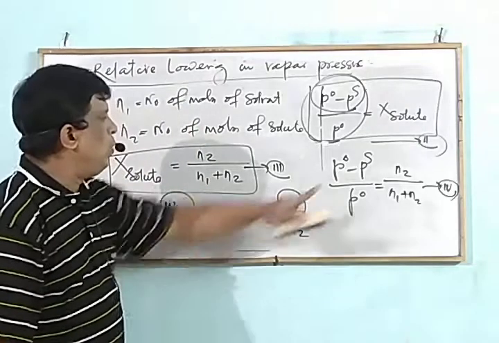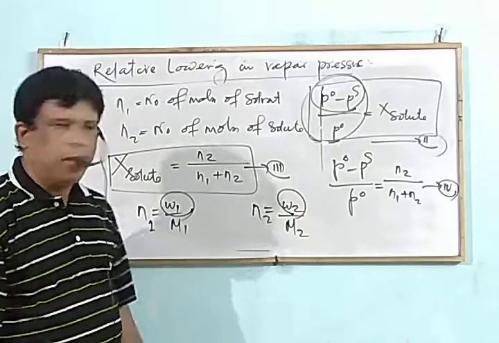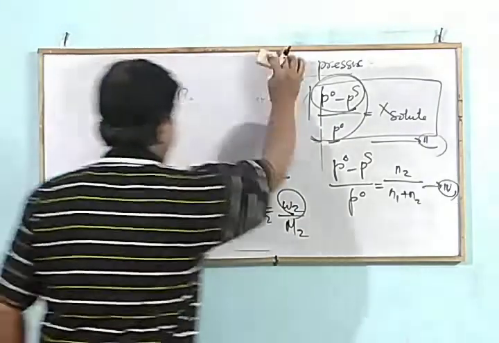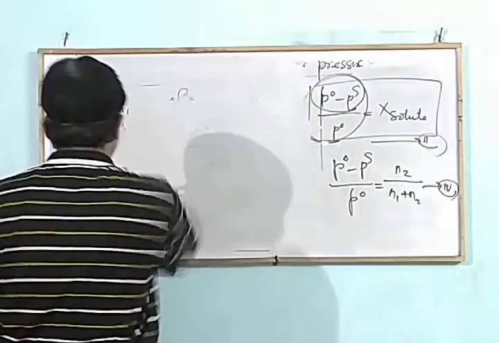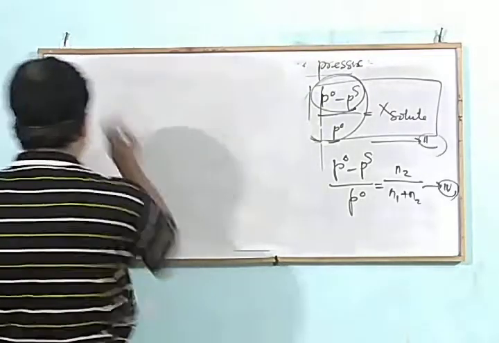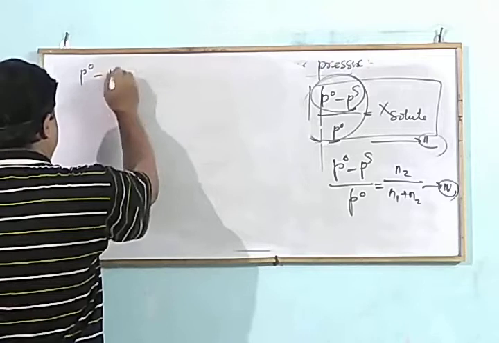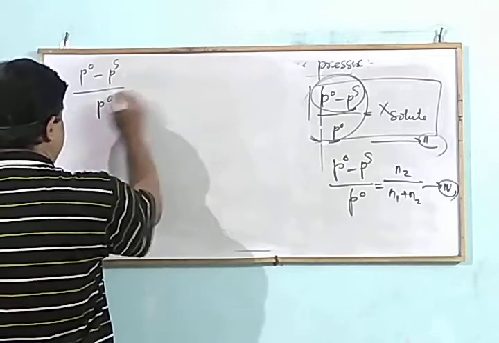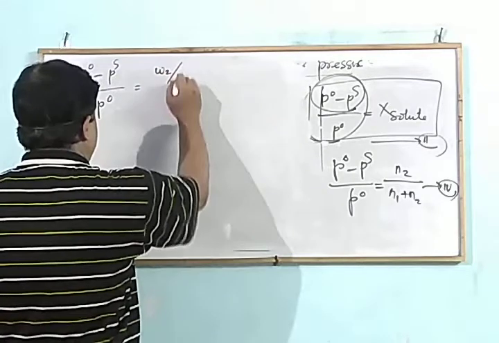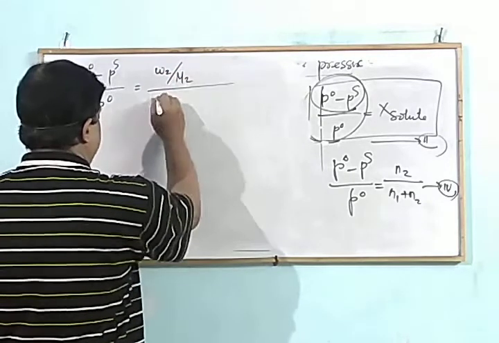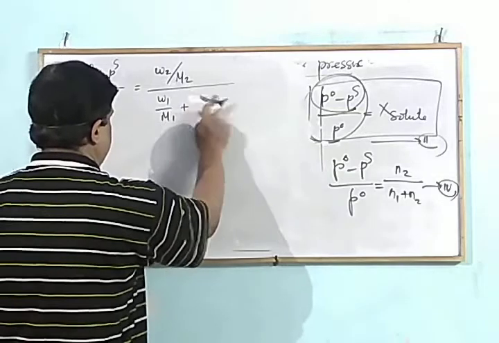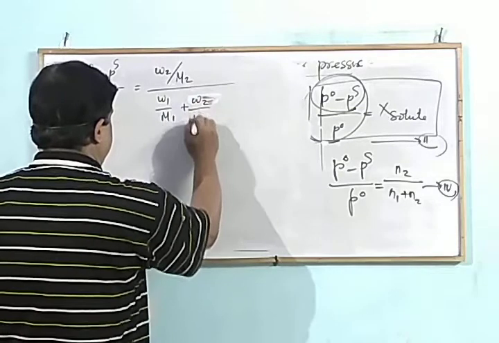So putting this value in the equation 4, we have, mark that, P naught minus Ps by P naught is equal to W2 by M2 divided by W1 by M1 plus W2 by M2.